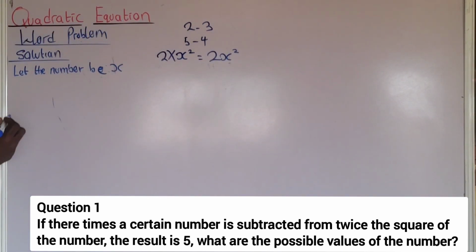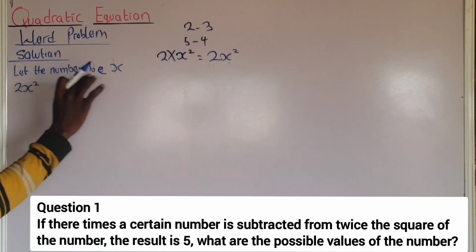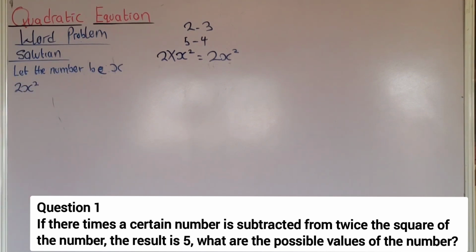So here I'm going to have 2x squared. 3 times a certain number means 3 times x, because I've said let that certain number be x. Twice the square of the number is what? 2x squared. You understand? Okay?